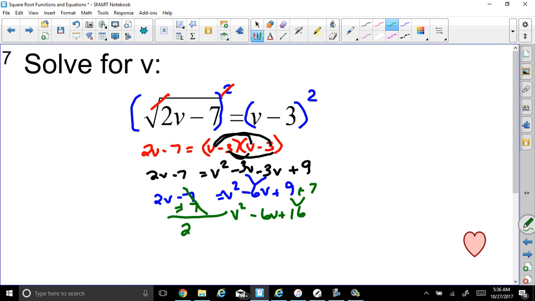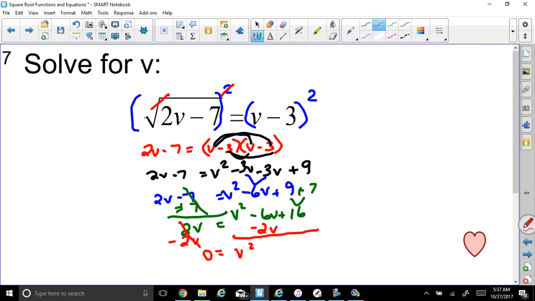And over here we'll have just 2v left over. Now let's get the 2v over to here. So we minus 2v from both sides, and the 2v's will cancel out, leaving us equal to 0, which is what we need, because we want to solve this by factoring.